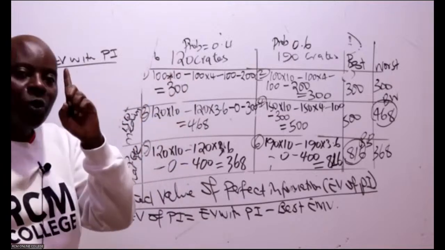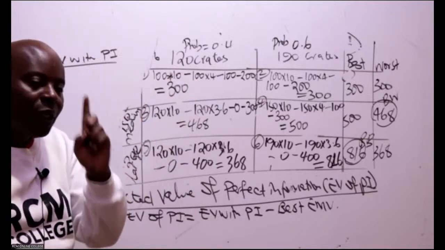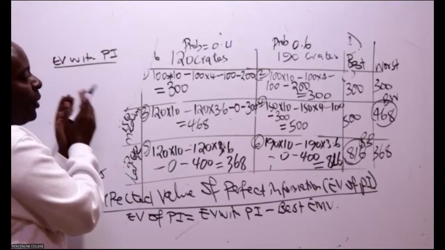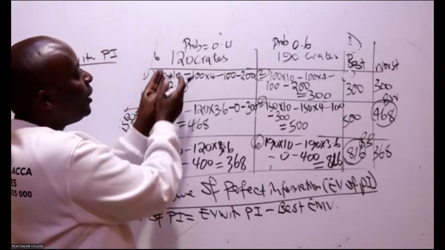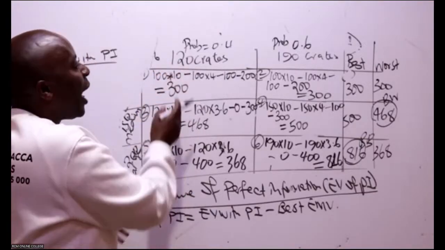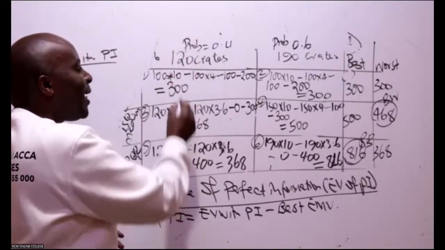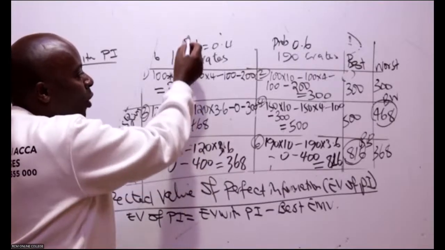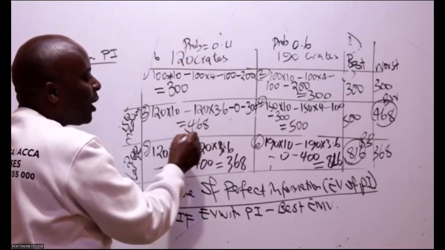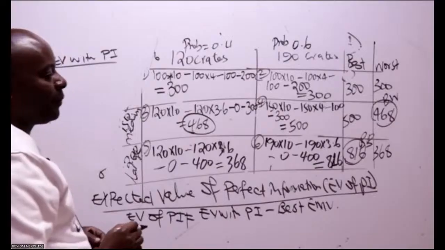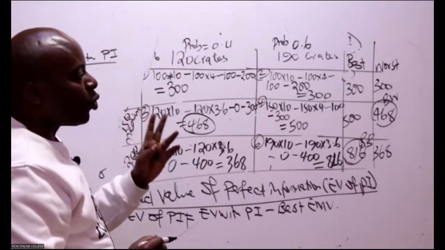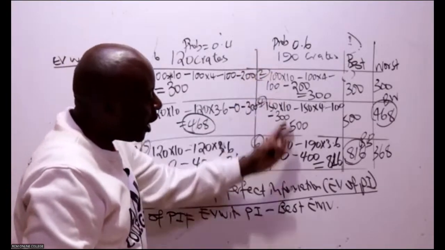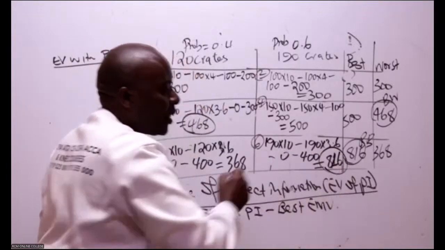So you go to each column, with perfect information, armed with the information that this is the state that will prevail. I'll go to each column, selecting the very highest. For column number 1, the first state of nature, the very best is 468. We only have 2 columns, remember. In the second column, the very best is 816.